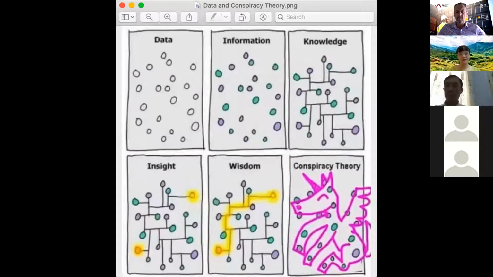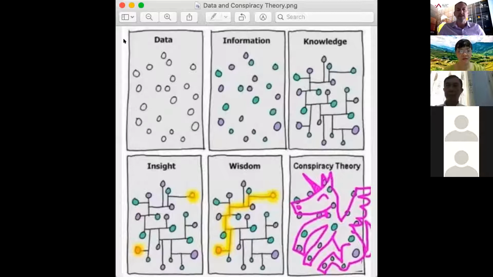I want to start by showing you an image. Can you see the image here of data, information, knowledge on the screen? I want to show you this for a reason, because over the course of our training we're going to move from the data phase to the insight phase.